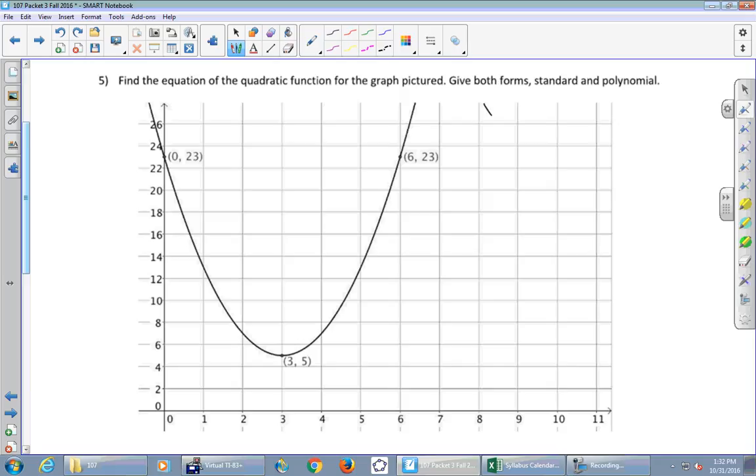Okay, I'm going to write down our two formulas here. X minus h squared plus k, I think. Okay, can we look at the parabola and know anything about the value of a?